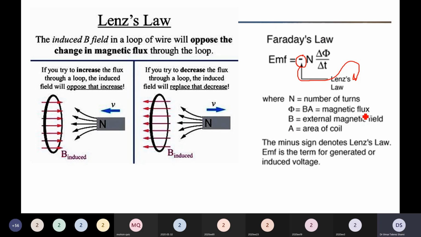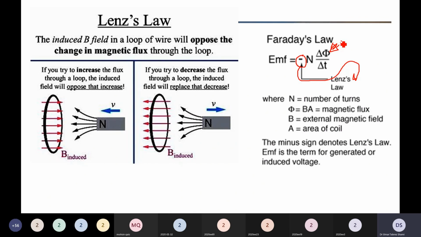So the voltage being induced will be of such polarity that when current is allowed to flow, this current will produce another flux which will cancel our main flux phi. To cancel this flux, we have an EMF produced in such a polarity that when current passes, a flux is produced which will eventually cancel the main flux. And this is defined by Lenz's law.